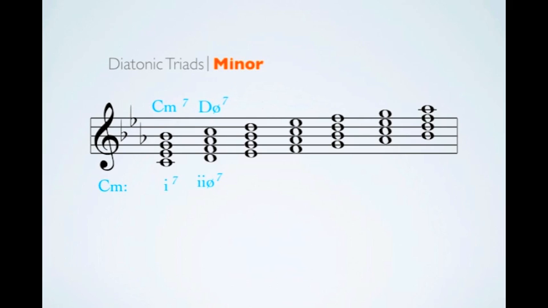Now we've added 3 flats to our key to be in the parallel minor key of C minor. Let's see how this changed our diatonic 7th chords that we'd see in a natural minor key.